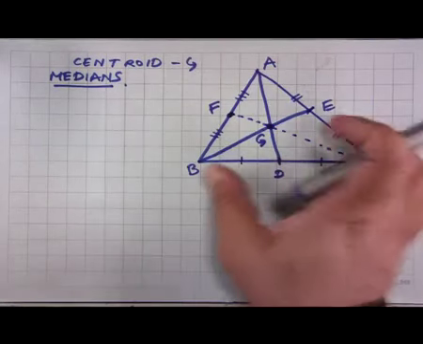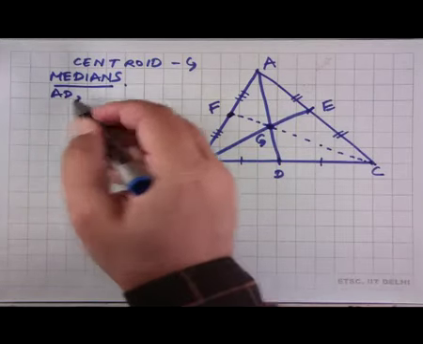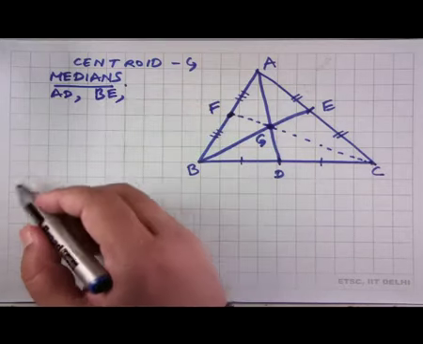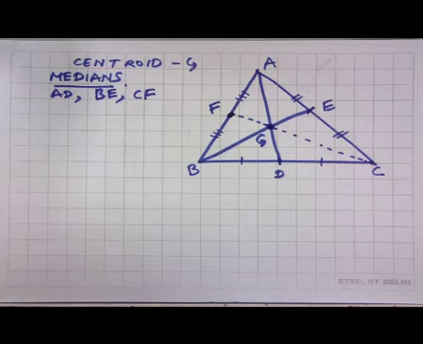These line segments AD, BE and CF are called the medians of the triangle ABC.